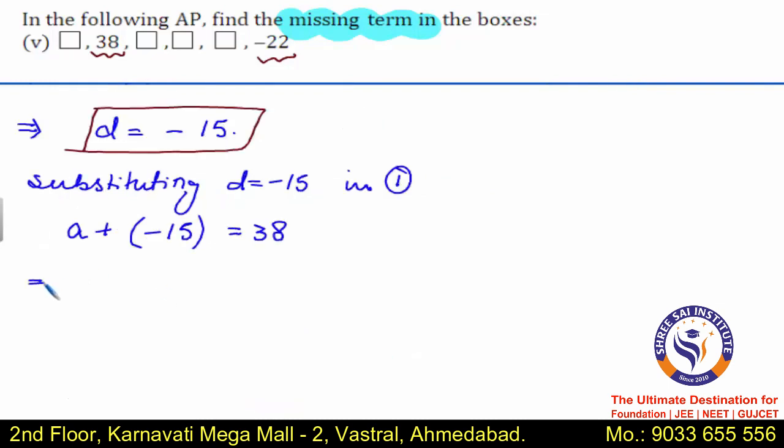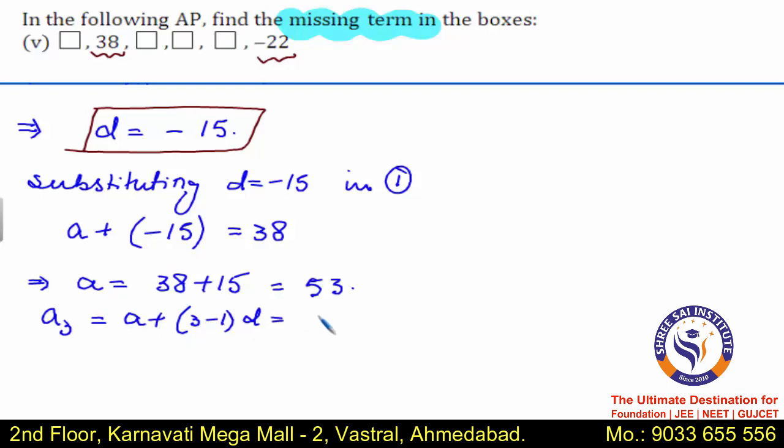This implies that A is equal to 38 plus 15, and this is equal to 53. Now let us find the third term. It is given by a plus 3 minus 1 into d, that is a plus 2d. Substituting the value of a and d, we have 53 plus 2 into minus 15, which is equal to 53 minus 30, and this is equal to 23.